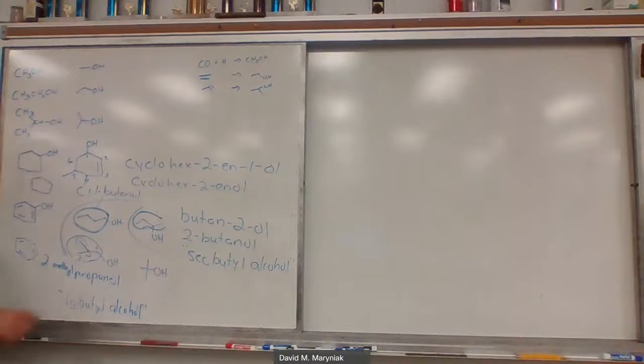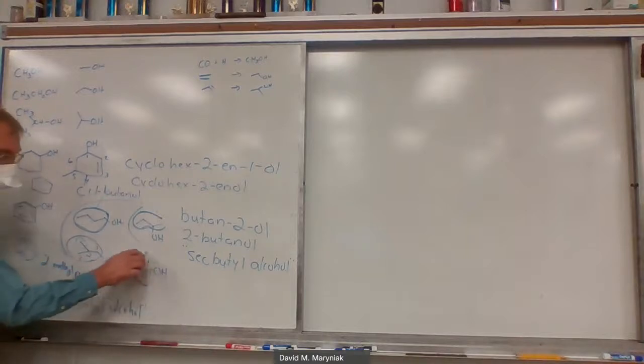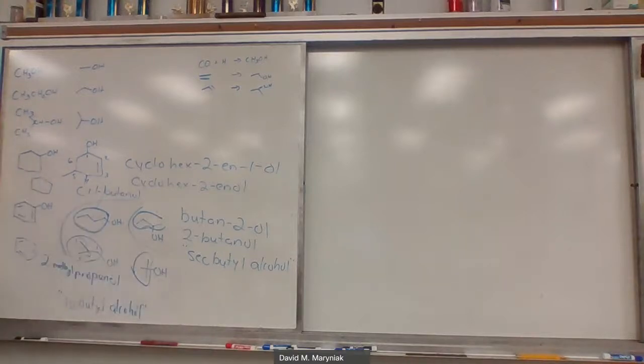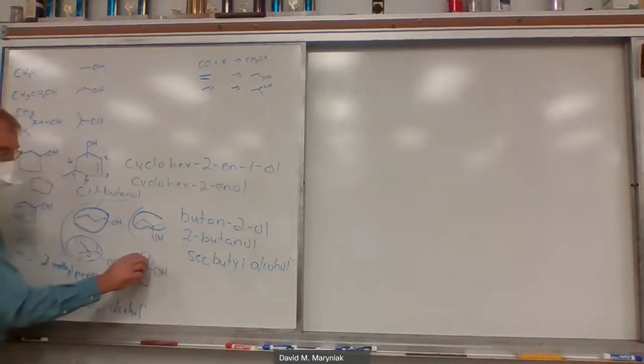And then lastly, how do we name that carbon unit as a group? Tert-butyl alcohol. How would we name it systematically? I go 1, 2, 3. That again is propanol.